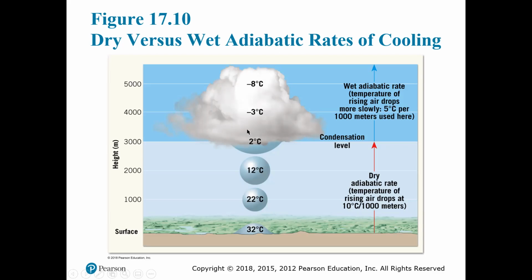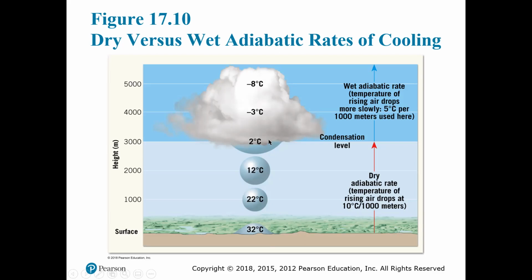So the wet adiabatic rate varies from about 5 degrees Celsius, like we're seeing here in air that's really saturated, to about 9 degrees Celsius. So it's just a degree less than this for air that's pretty dry. So as air rises, it gets cooler because it starts to expand.